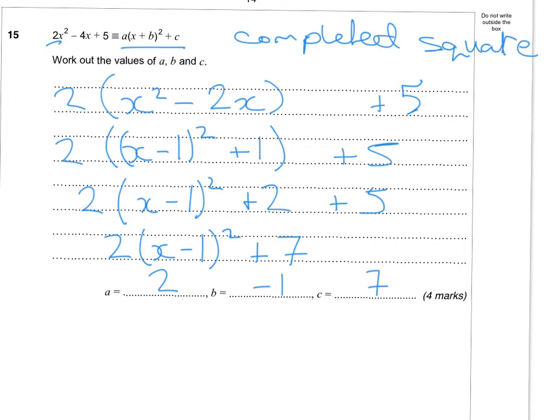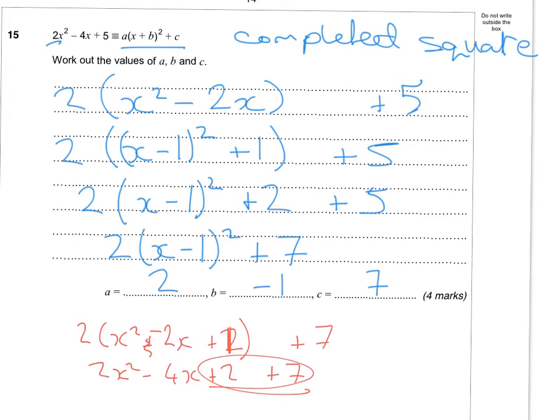Okay, checking that really quickly, expanding my bracket, so I get 2x squared minus 2x plus 1, negative 1 times 1, plus 7, so we've got 2x squared minus 4x plus 2 plus 7.